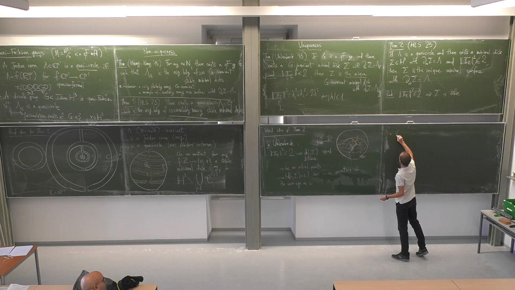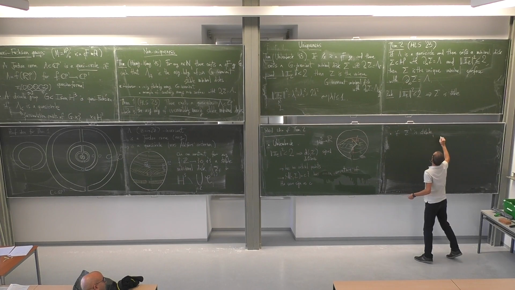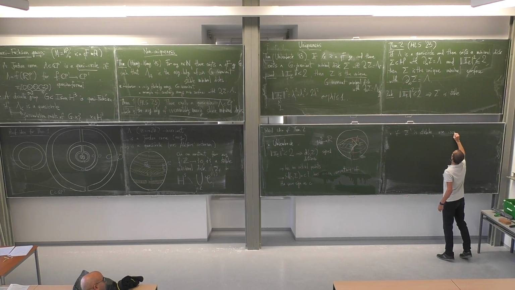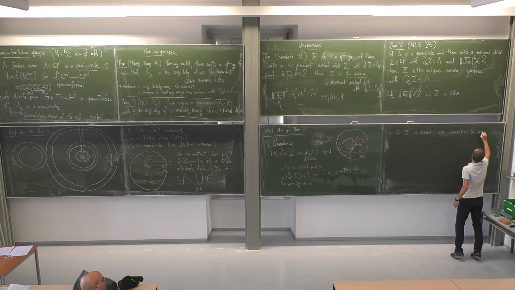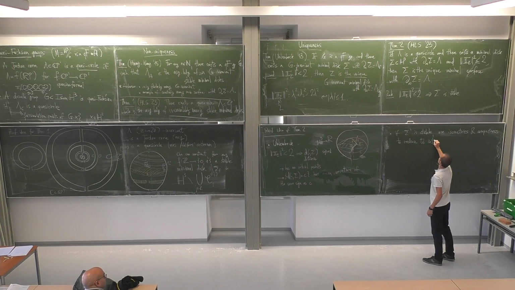But if sigma prime is stable, we can use isometries and some compactness of stable minimal surfaces to reduce to the interior maximum case.